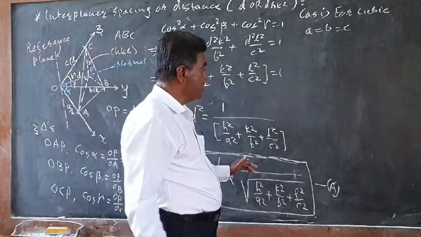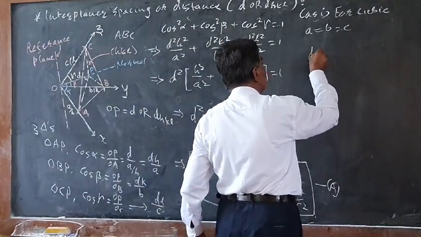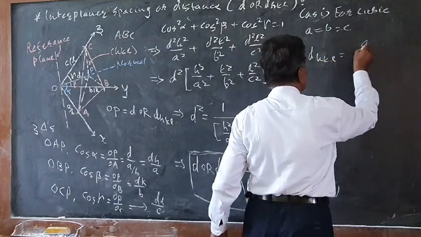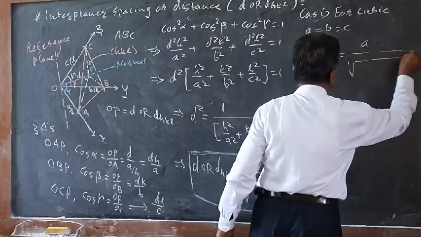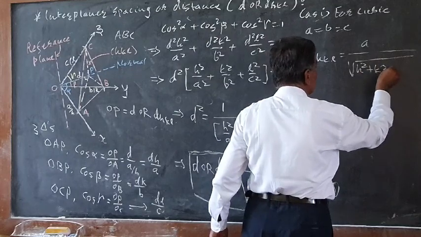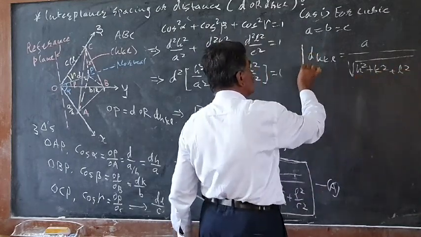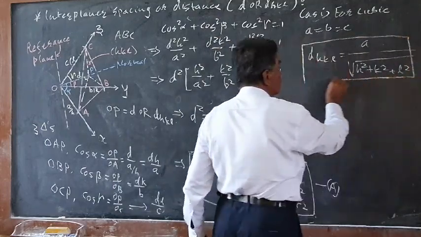So directly we are getting dhkl will be equal to a divided by the square root of h square plus k square plus l square. So for the cubic system, we are getting this equation.